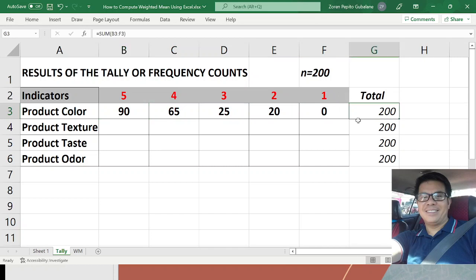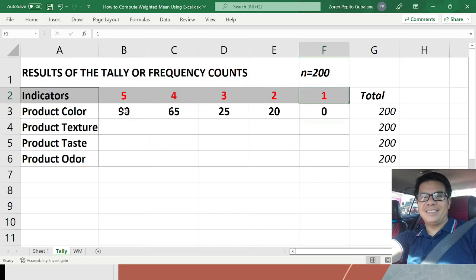Out of 200, there are 90 respondents who responded 5 based on the Likert scale. There are 65 out of 200 who responded 4, 25 responded 3, 20 responded 2, and none responded 1.